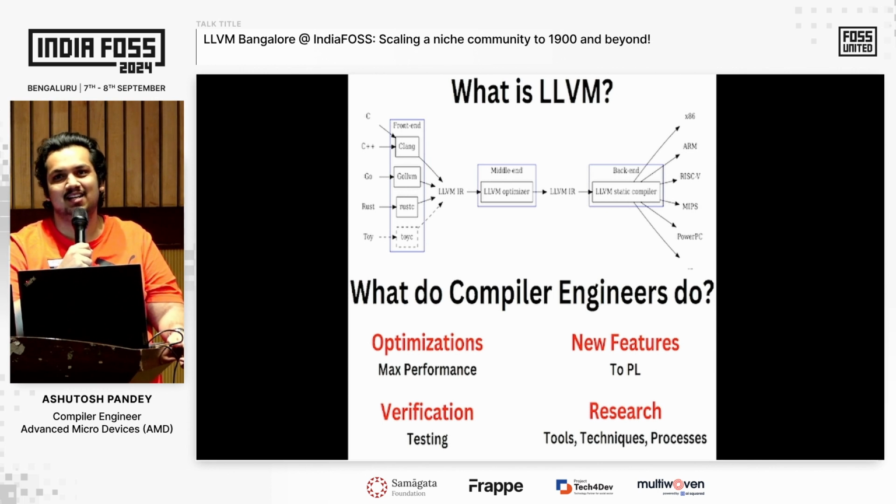And finally, there's the exciting bit, that is research. New tools, like recently Meta came out with a tool called Bolt, LLVM Bolt. It can optimize binaries, so you don't even need to give it source code. You can give it a binary and it can tell you how to make that binary go faster. So new tools, techniques, processes.